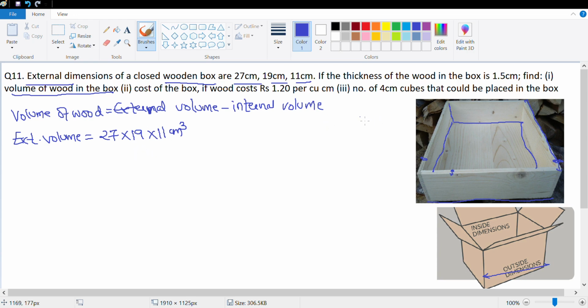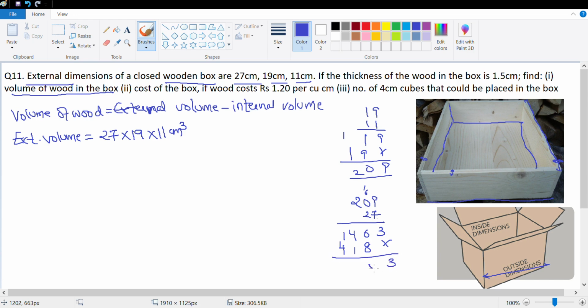So 27 into 19 into 11, that's 9 and 9, oh sorry, not 9, 9, 9, 1, and this is 9, 1, 9, 0, 209. So 209 multiplied with 27, 7 nines are 63, that's 6, 7 twos are 14, 2 nines are 18, 1, 2 twos are 4.